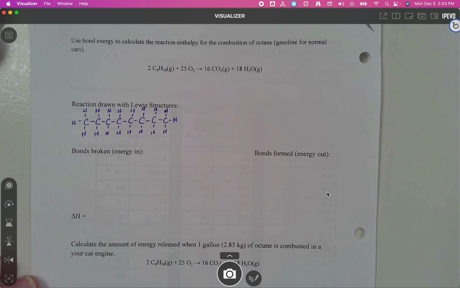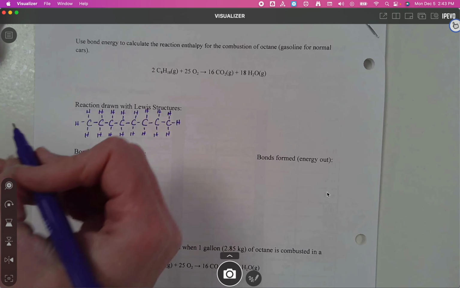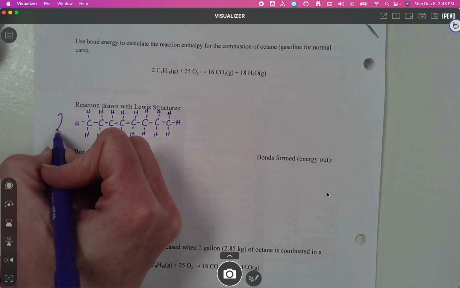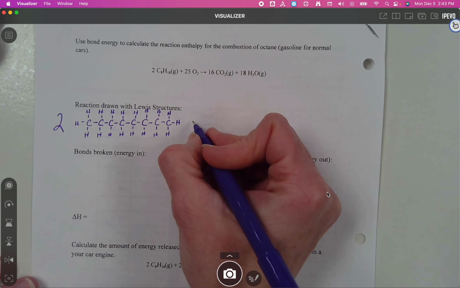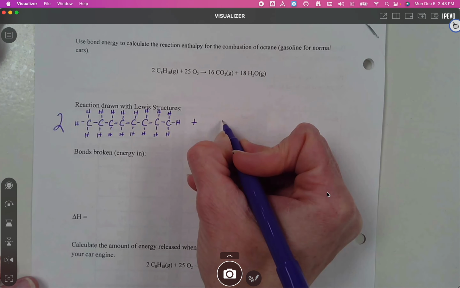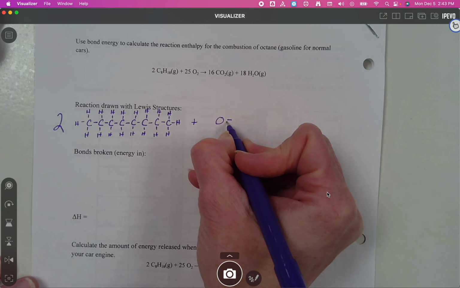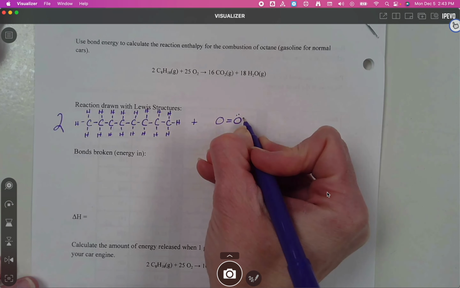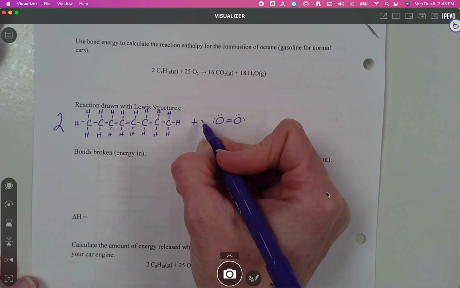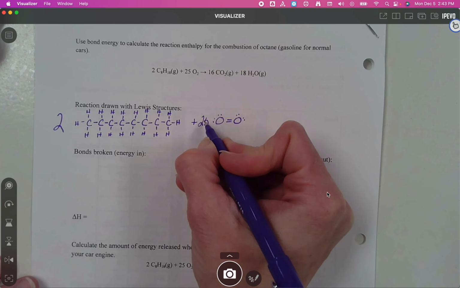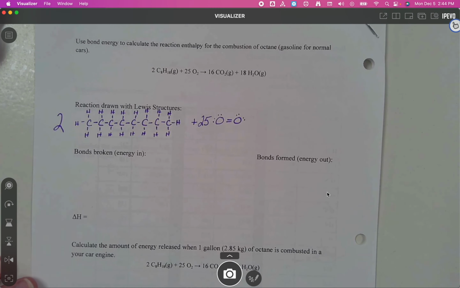So there's that thing, times 2. I vote not to draw a second one. Oxygen is like that, times 25. I vote not to draw 25.